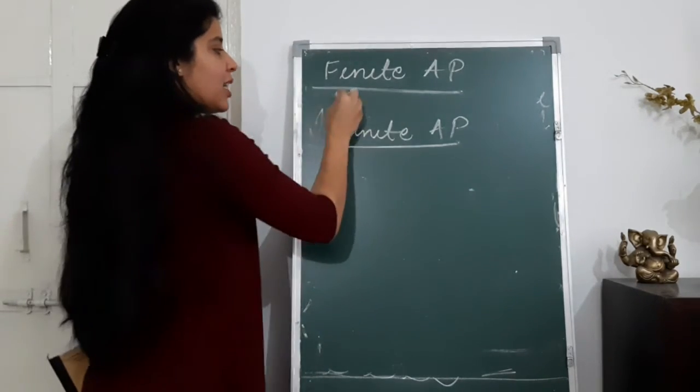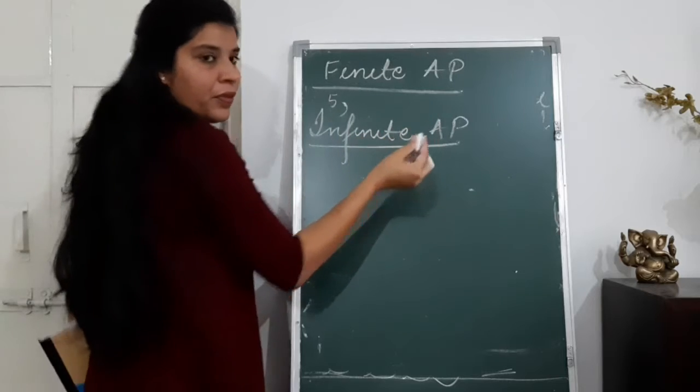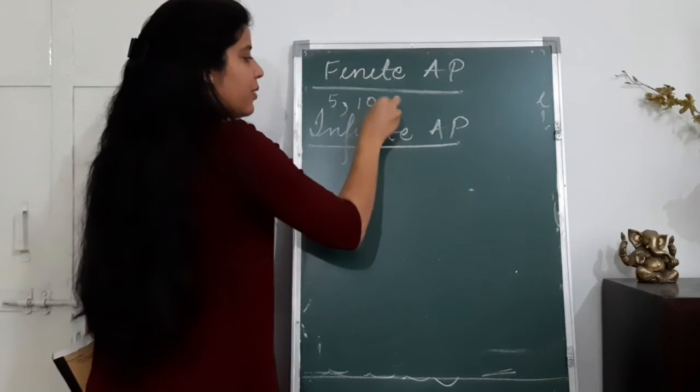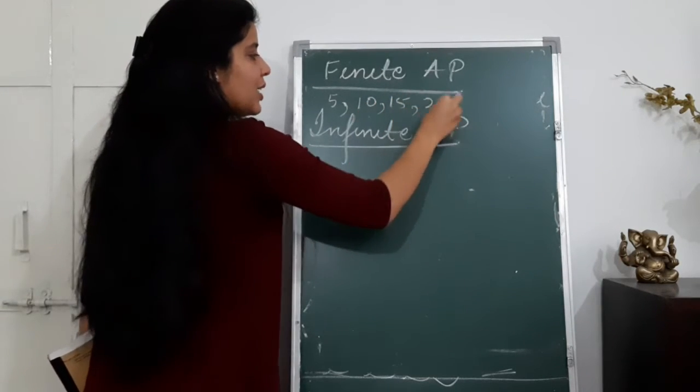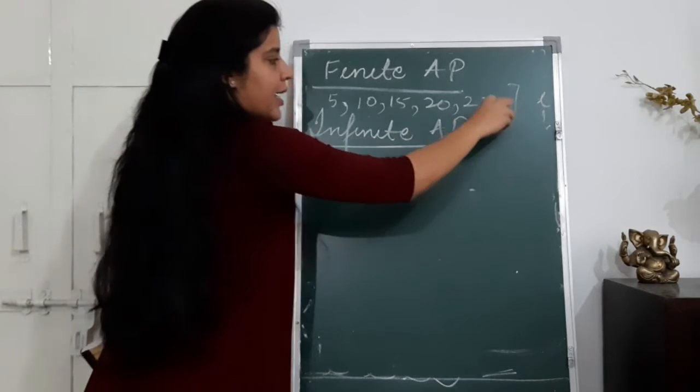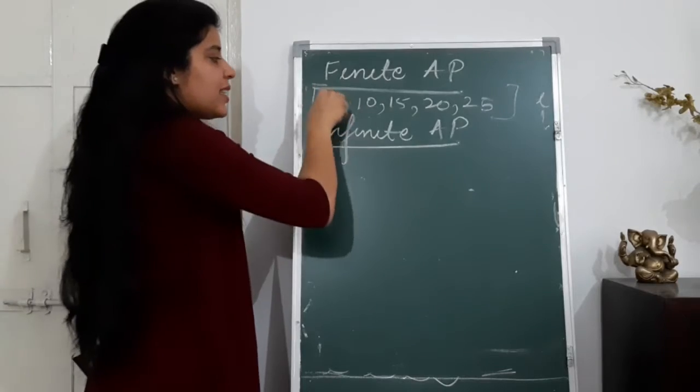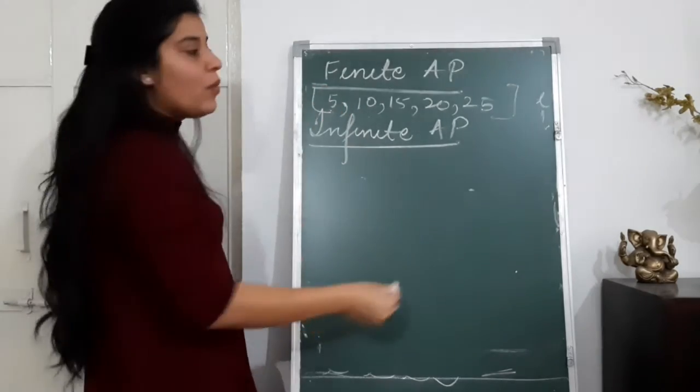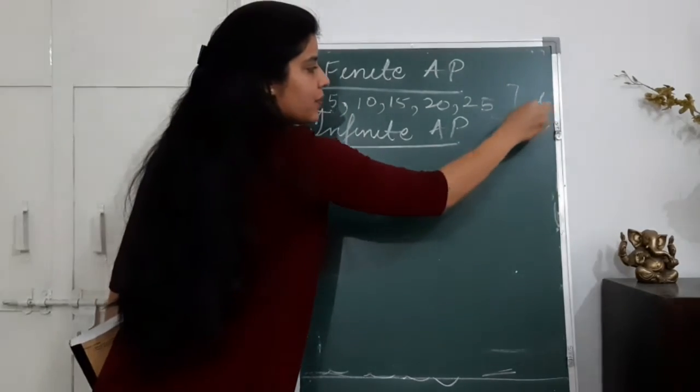For example, I give you an example of the 5 times table: 5, 10, 15, 20, 25. Now for example, I decide to end this list here, right? Then this is a finite AP with 5 terms in it.